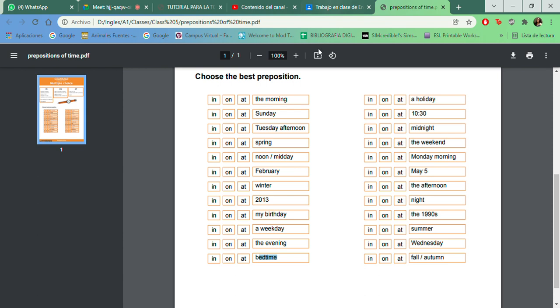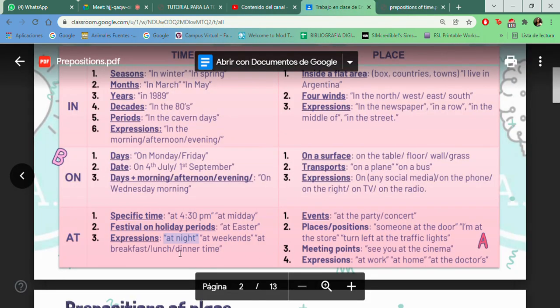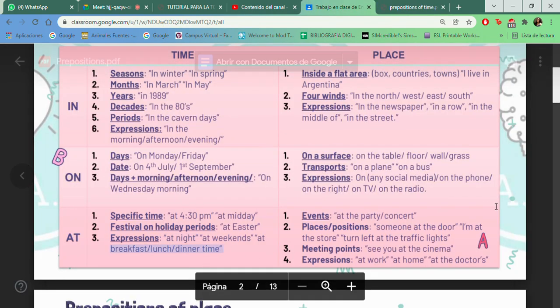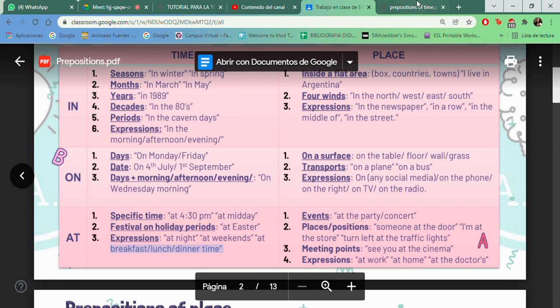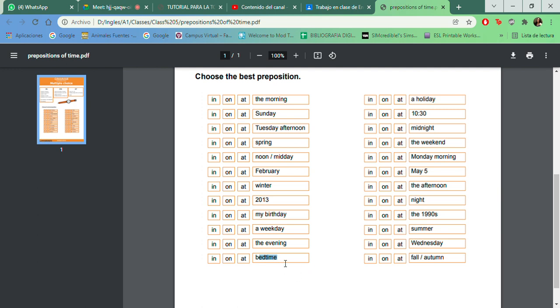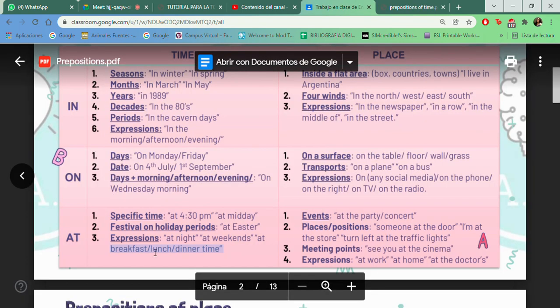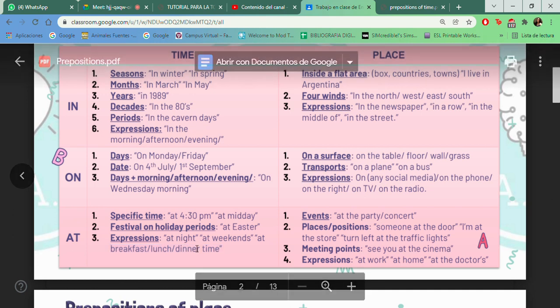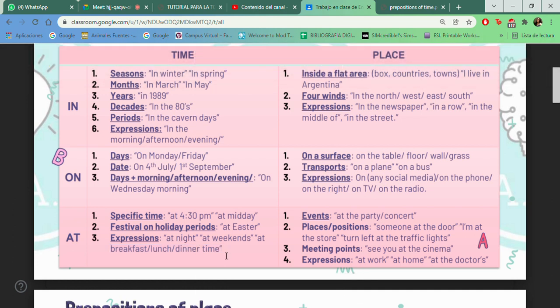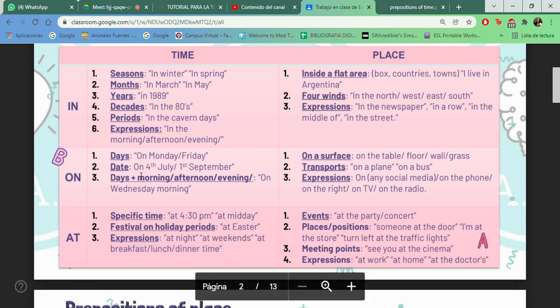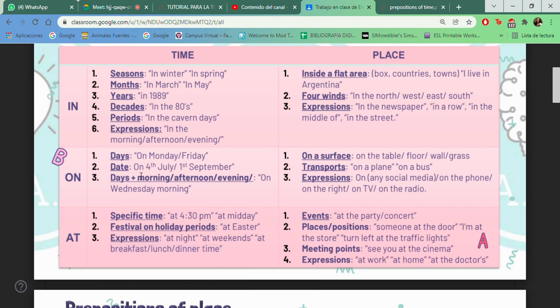Bedtime is like lunchtime, dinner time, it's the same. So it's a specific time. So what's the preposition? Is on. At. At. For a specific time, it's at. Okay? For example, on we use it for a specific day. For specific days, on.